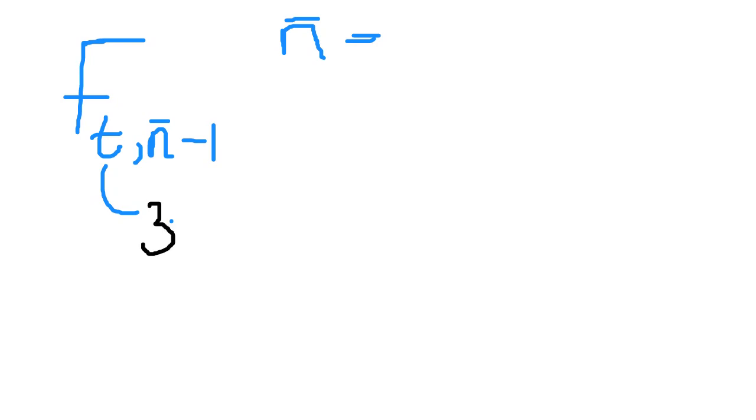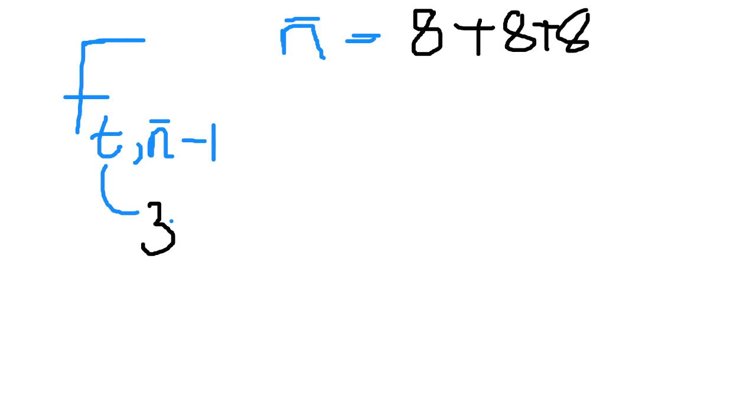So now to find the n bar, you count the number of replications from each treatment. What are the replications for the first treatment? 8. Second treatment? 8. Third treatment? 8. That is fine. Thank you.